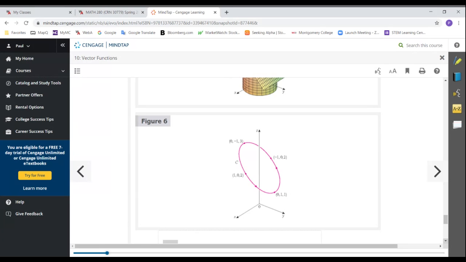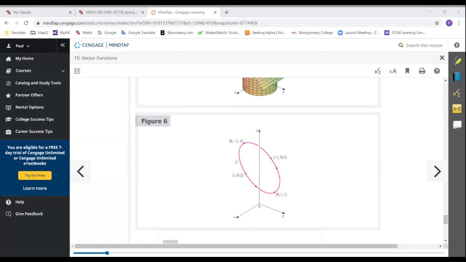Now, okay, so Eric's saying the cross section of a cylinder makes a circle. That's exactly right.